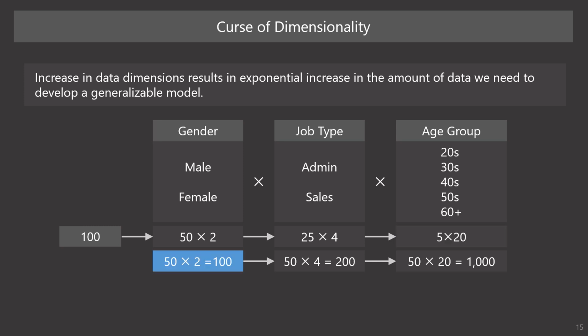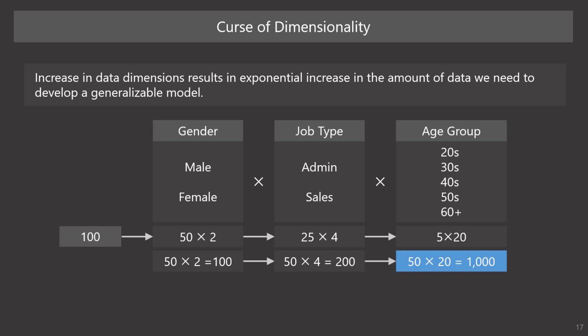If we need at least 50 samples for each category to make a generalizable prediction, we need to have 100 observations when we have only one dimension, gender. But if we have two dimensions, gender and job type, we need to have 200 observations.